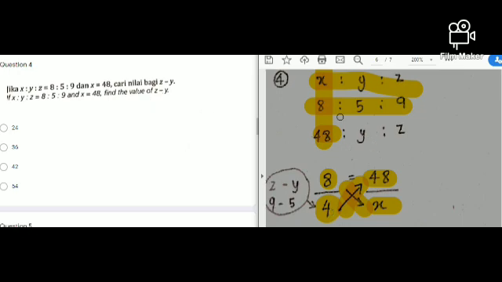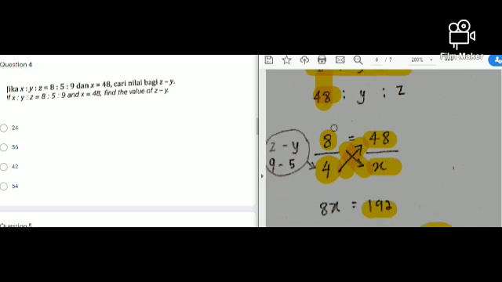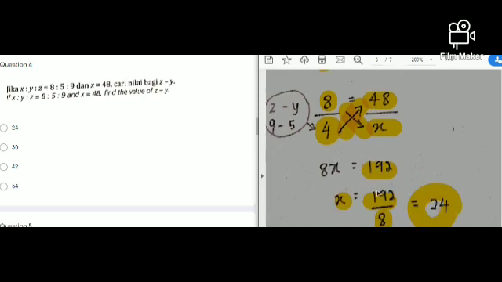Z and y in the ratio form is already mentioned as 9 and 5. So when z minus y, you will get 4. 4 equal to, you don't know, so write it as unknown. So the unknown is x. You can actually put another letter like a, b, and so on too. Okay, so after you get the fraction form, all you need to do is cross multiply.